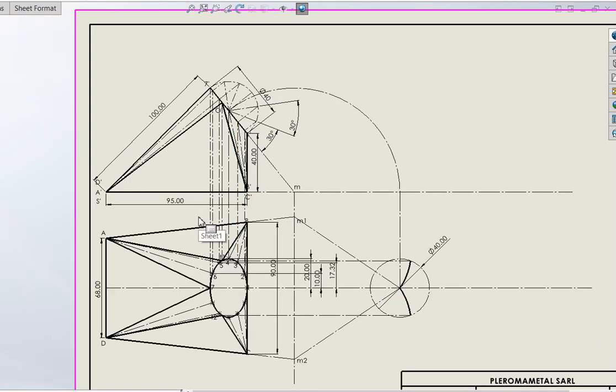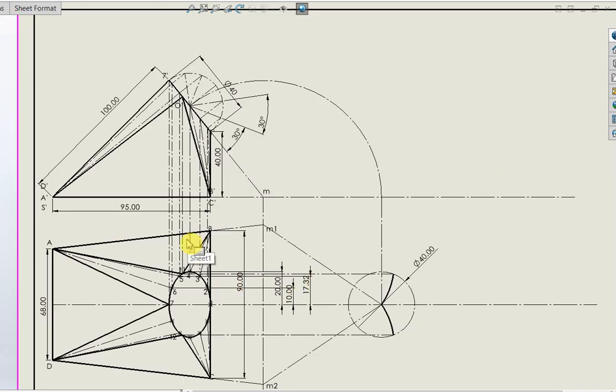In the next video I'm going to show you how to develop the transformer.